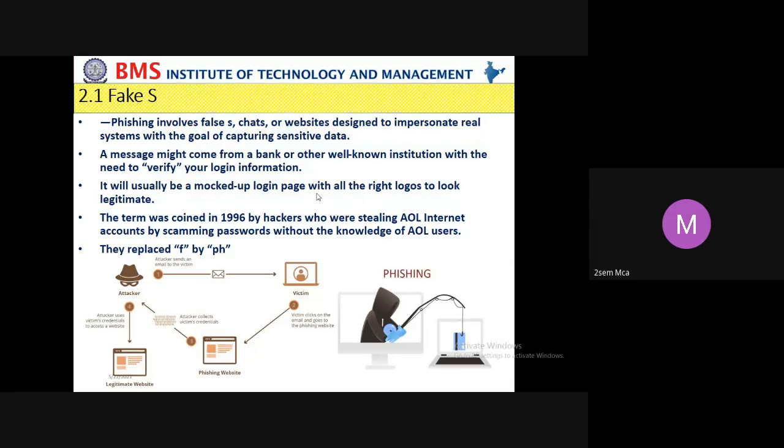So they replaced F by PH, and PH is nothing but phishing. So how are they claiming? They are claiming as a legitimate website, but some of the links are actually bad links. When you click that particular bad link, you are the victim of the attackers.